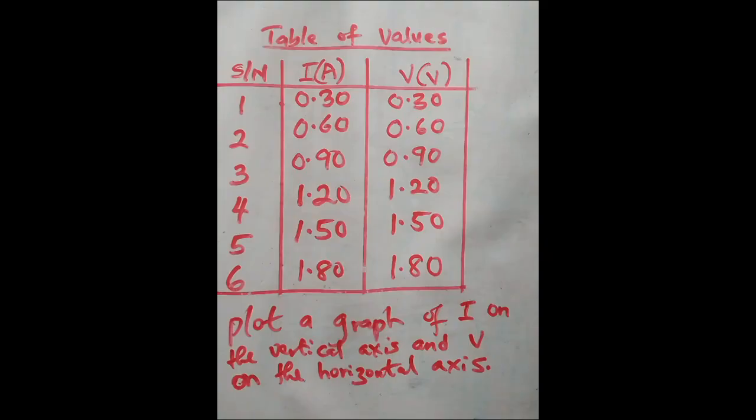Students should also check. If you look at this reading, current is increasing from 0.3 and it's increasing downward. So that means these values are correct. Not that it is increasing downward and later decreasing again. When you see that, you know there is a mistake.